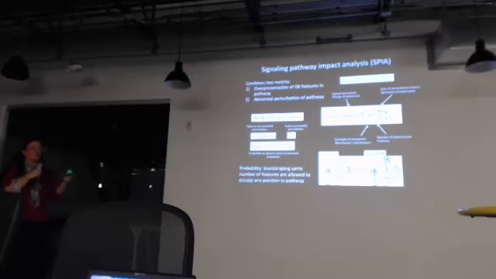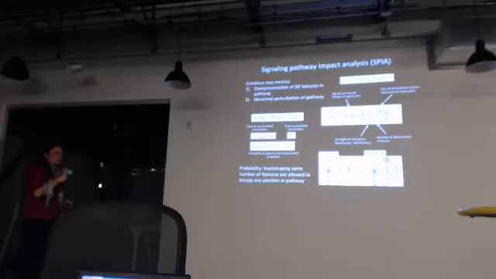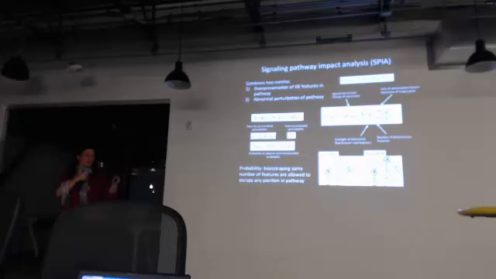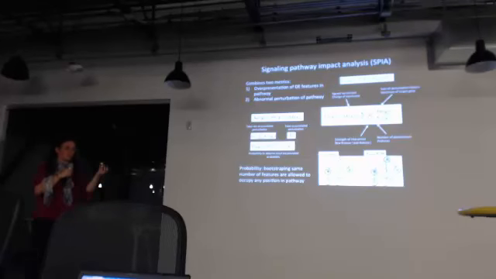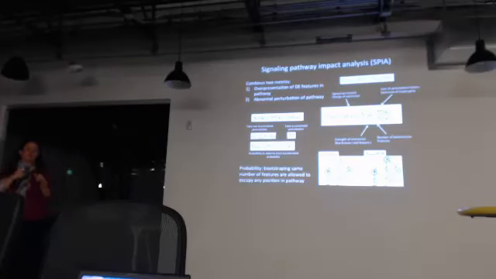So you have two nodes that are perturbed. You're going to randomly perturb all combinations in that network to generate your null distribution, and then you're going to compare that with your actual data, and that's going to tell you whether this pathway topology is really statistically significant.